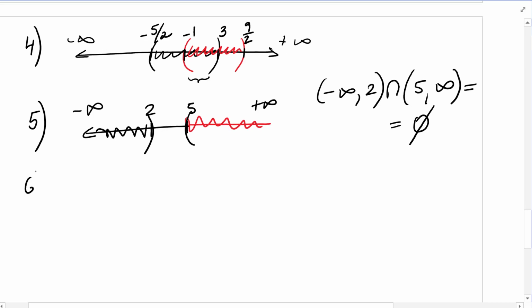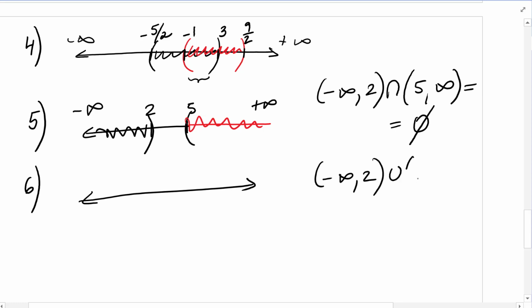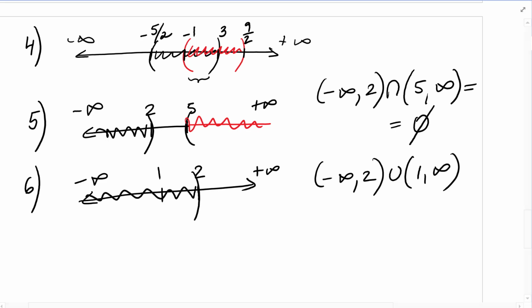What if we had this problem? Let's say we had negative infinity, 2 union 1, infinity. So negative infinity, positive infinity, negative infinity, 1 and 2. So negative infinity, 2 would go this way, right? And 1, infinity would go this way. I have to do union, right?